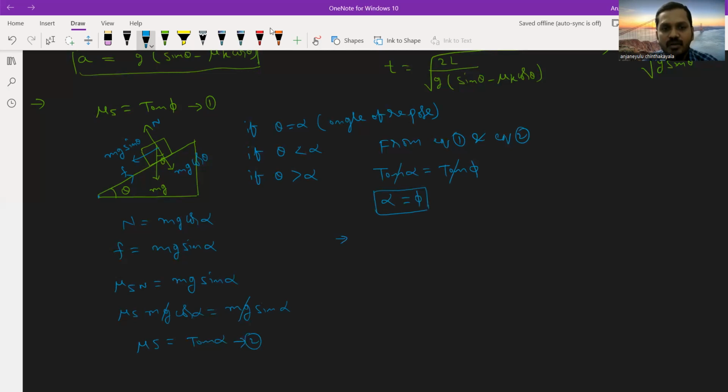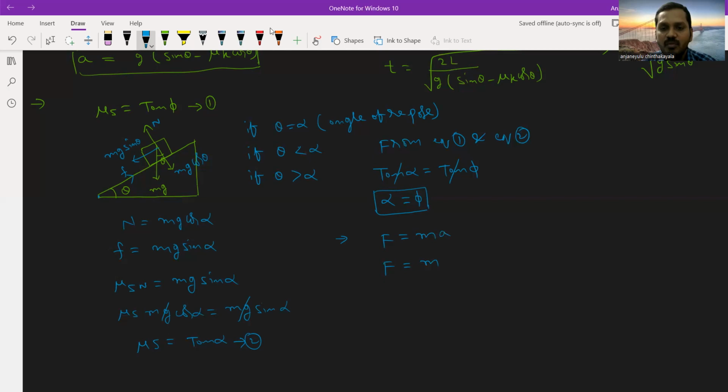suppose the same block is moving in the downward direction, we know acceleration, velocity, and time taken. At the same time, if the block is projected from bottom to top, then how much force is required for the block to move in the upward direction? For the block moving upward, the required force F is equal to mass into acceleration, F is equal to m into acceleration A. We know when the block moves downward, the acceleration A is equal to g into sin theta minus mu k cos theta.